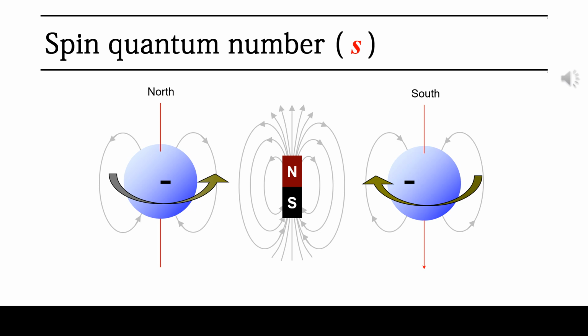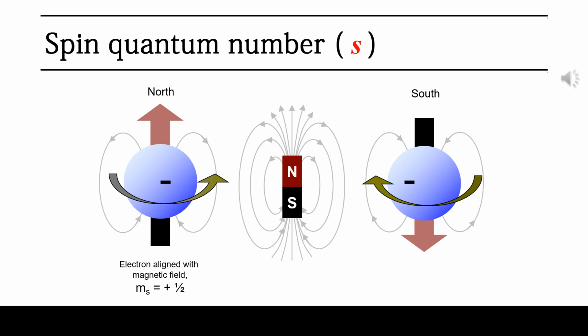Therefore electron clouds are some kind of temporary magnets, and they may have opposite magnetic fields. So two spin quantum numbers represent these two opposite magnetic field directions. These two are given numerical values. One is plus half and the other we give as minus half.